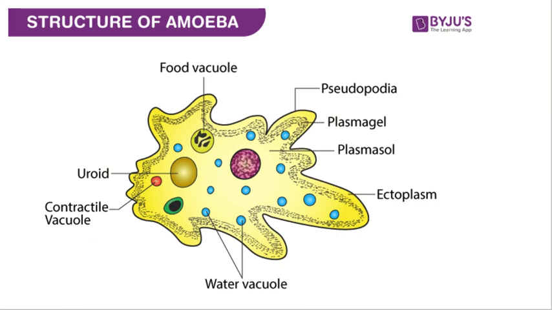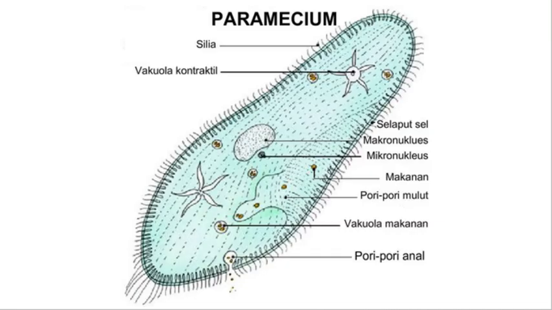Basically, these guys move with false feet, which, as previously explained, is like the foot moving forward, inching its way forward. There are also paramecium, more commonly called ciliates, and as you can see here, there are these things called cilia.